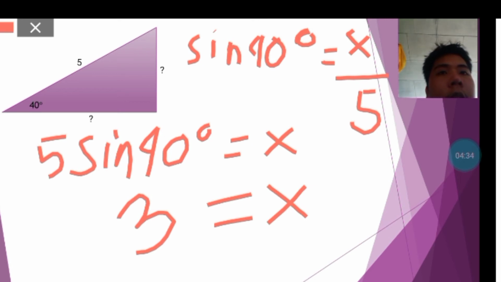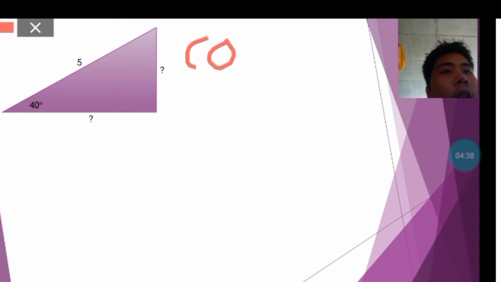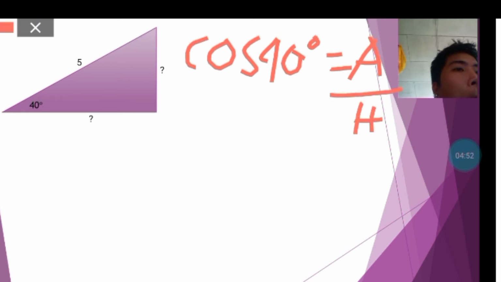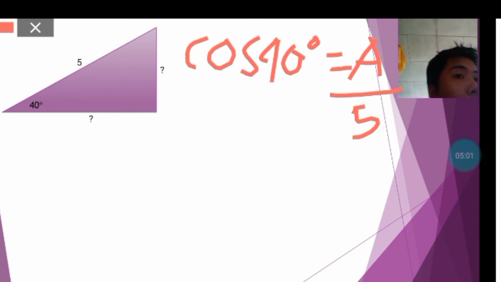So we can write cos 40 degrees equals the adjacent over the hypotenuse, and the value of our hypotenuse is already 5.